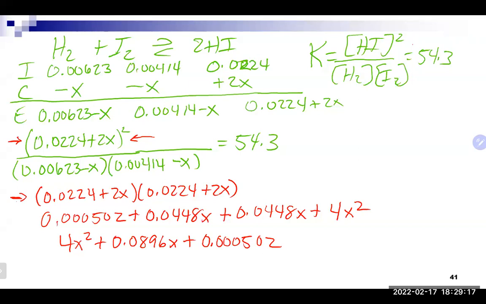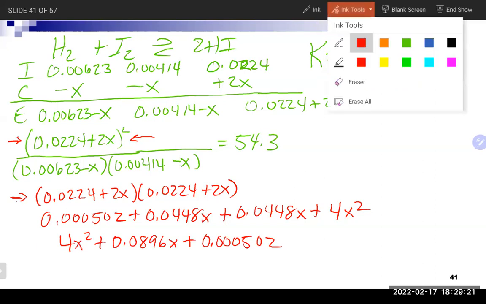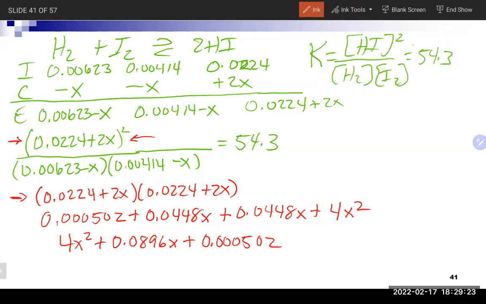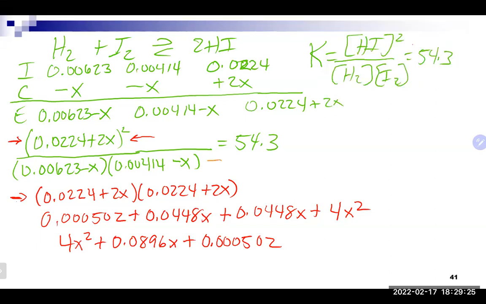Okay. Then we're going to take care of the bottom term. So we'll swap out the color. We're going to take care of this one here. Again, we multiply in and multiply out.